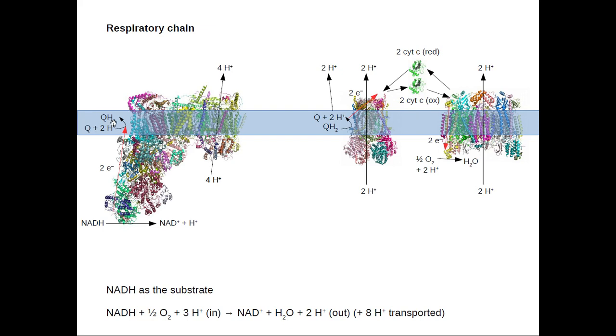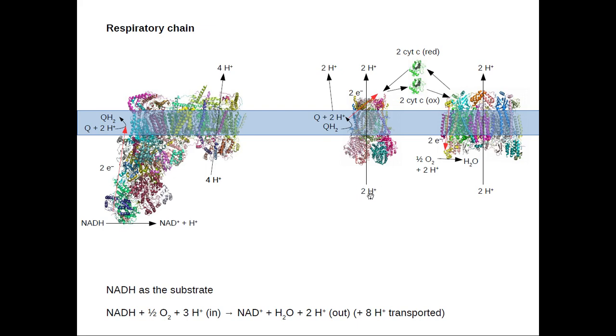Then this coenzyme Q in the reduced form, this ubiquinol, goes to complex 3, where it's oxidized. 2 protons are released in this step, and they are released to this side of the membrane.